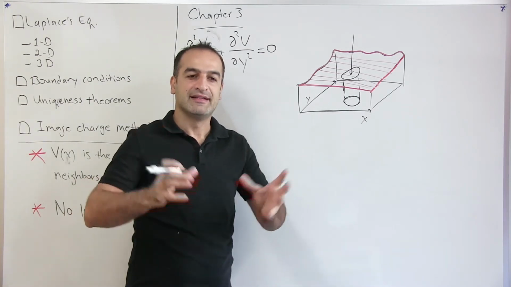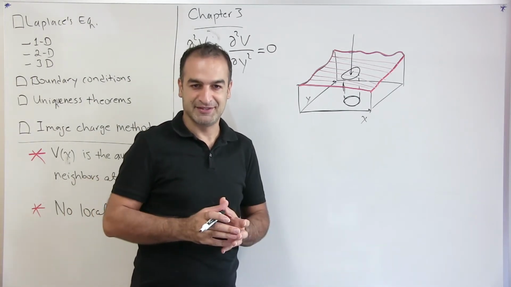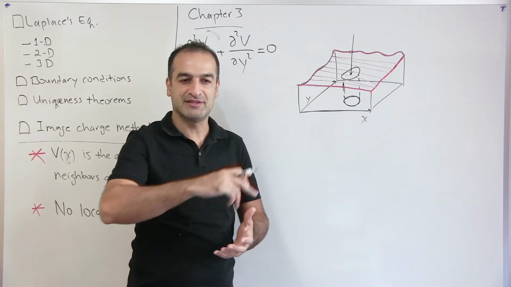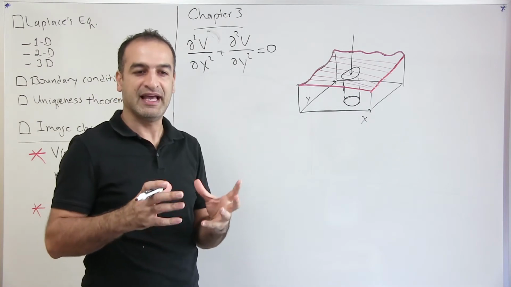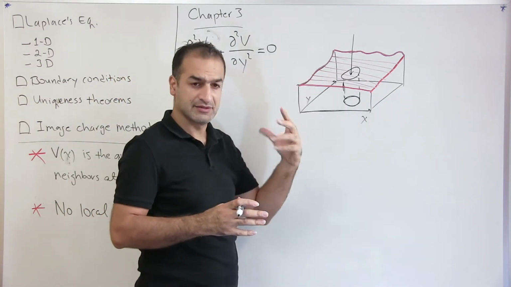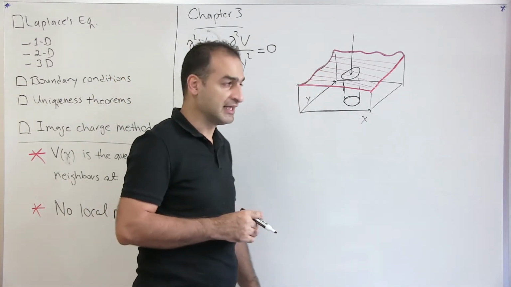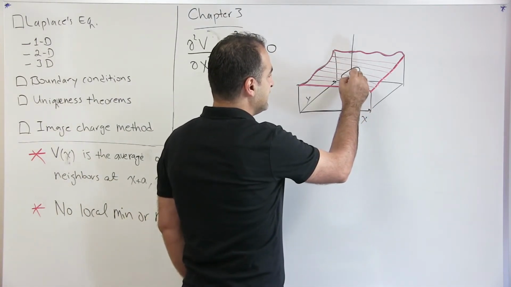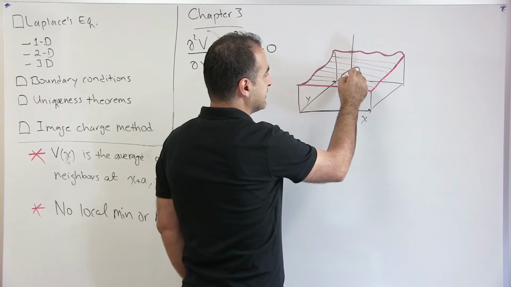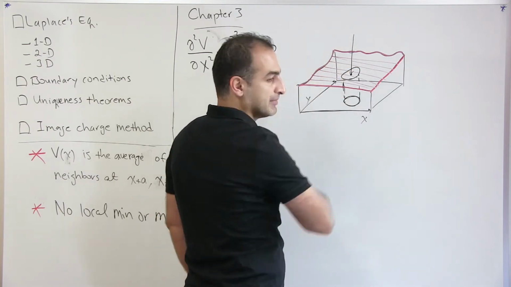The surface of a drum is something like this, but that's too simple because the drum does not have ups and downs on the boundary. But if it had, that would have been the solution of a Laplace's equation. Any point, if you choose a circle, the center of the circle is the average of all these neighboring points.